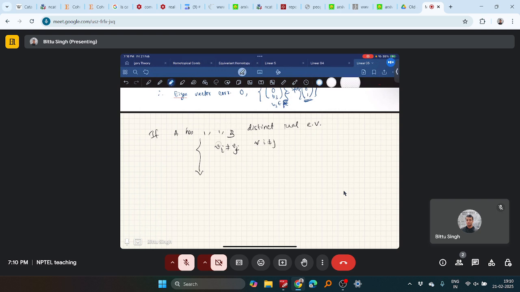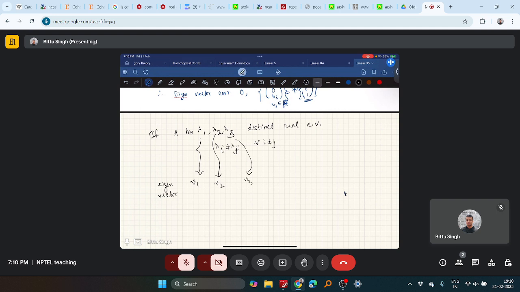For lambda 1 we get at least one eigenvector v1. For lambda 2 we get another eigenvector v2.